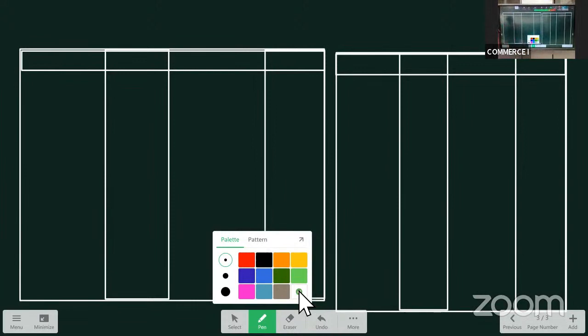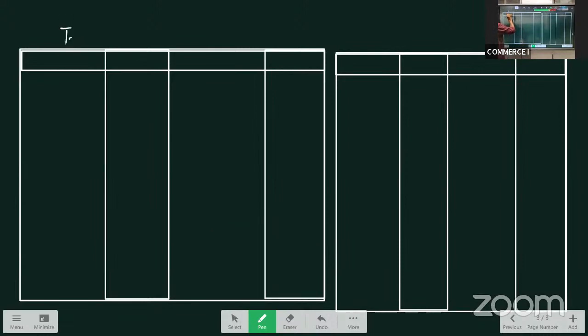What is the name of the firm given? The name of the firm is Sachin Traders. So trading account of Sachin Traders for the year ended 31st March 2019.